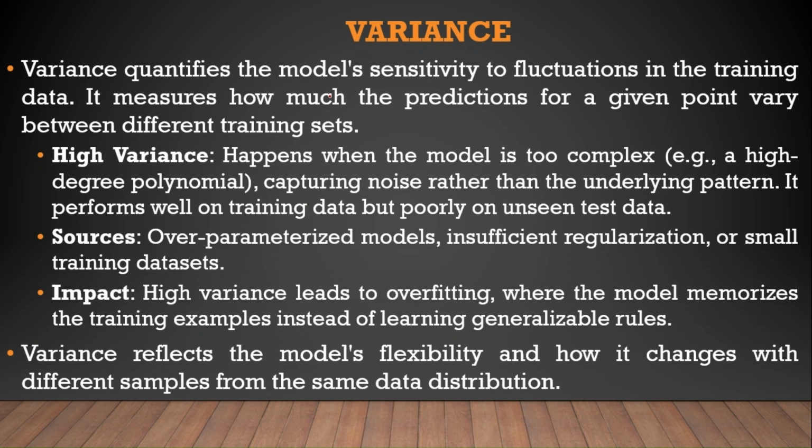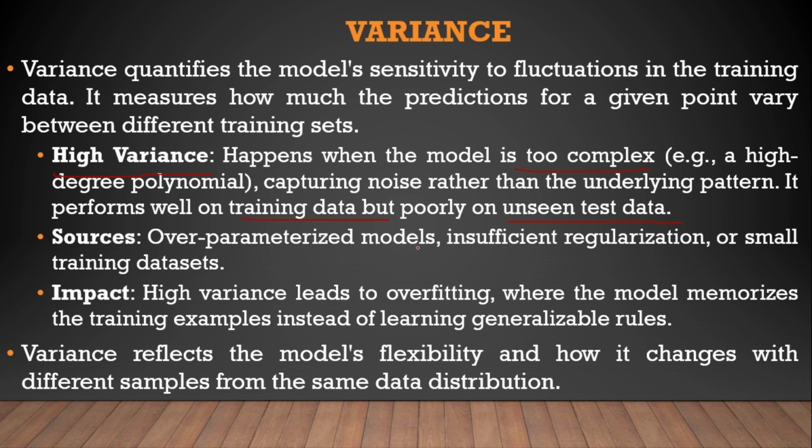Variance quantifies the model's sensitivity to fluctuations in the training data. It measures how much the predictions for a given point vary between the training and testing sets. High variance happens when the model is too complex, capturing the noise rather than the underlying patterns. It performs well on the training datasets, but poorly on unseen datasets.